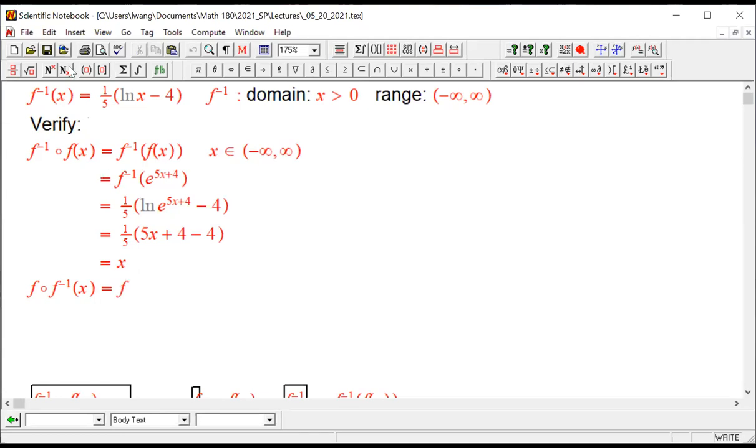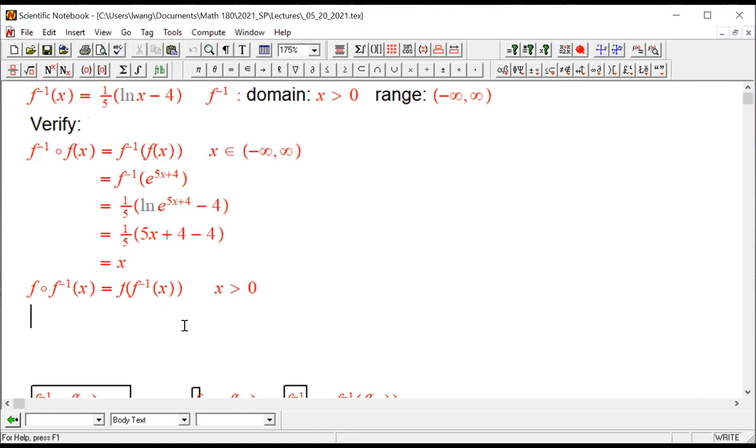Okay, so that's equal to F of F inverse of X, where X must be greater than 0, because this X is from the domain of F inverse, and the domain of F inverse is X larger than 0. Okay, you can see that all these must match perfectly.